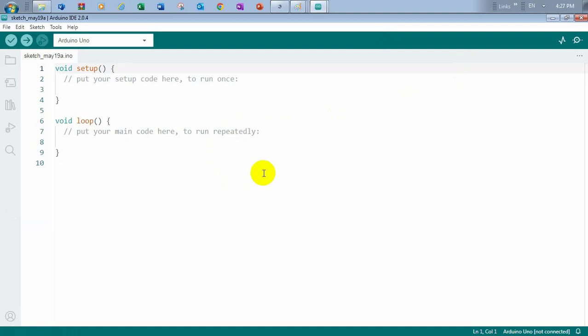In this window we have two functions, void setup and void loop. In void setup, between two braces we write the configuration. We do the configuration of this Arduino.